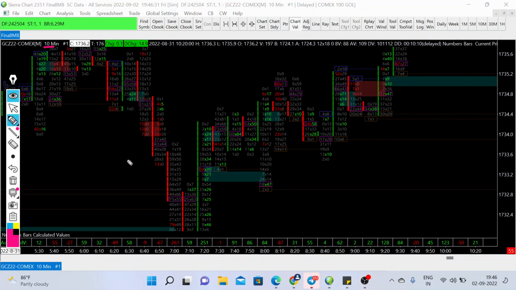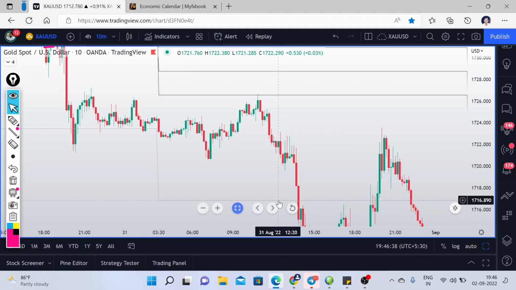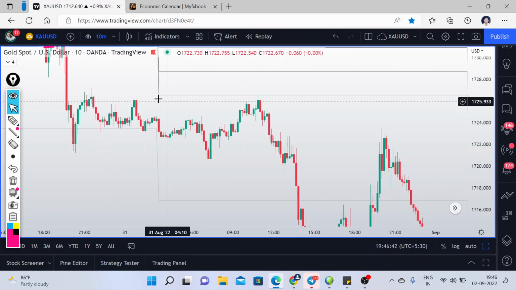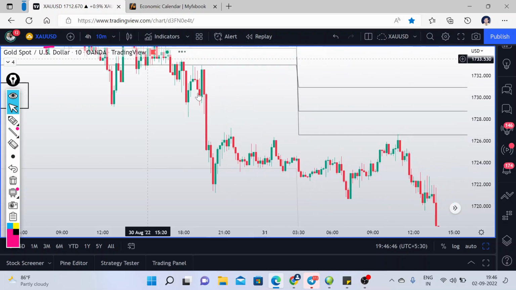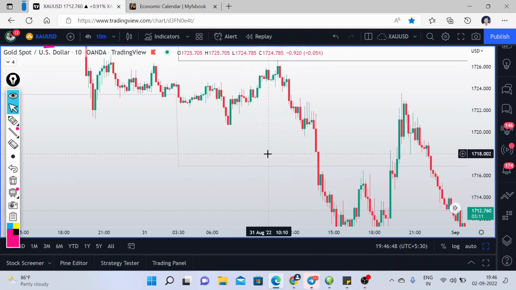Let me show you where and how you can get a scalping entry. Let me show you this on a plain candlestick chart. This is the plain candlestick chart, and you can see that on gold we currently are in a downtrend.